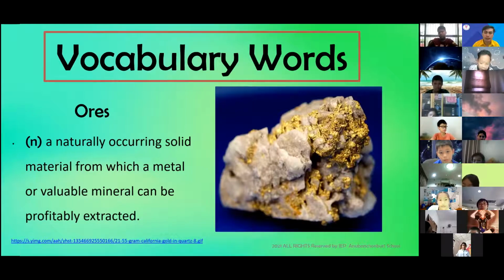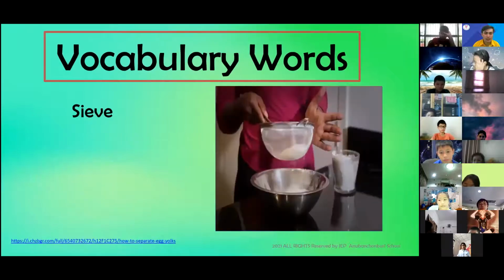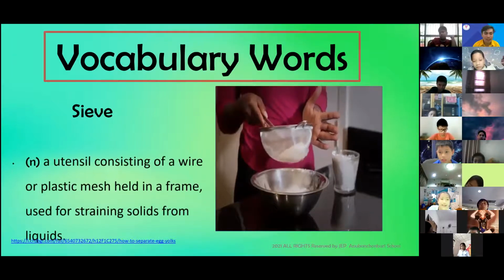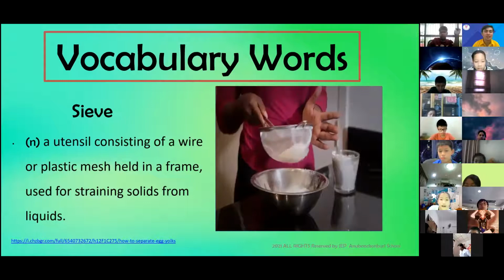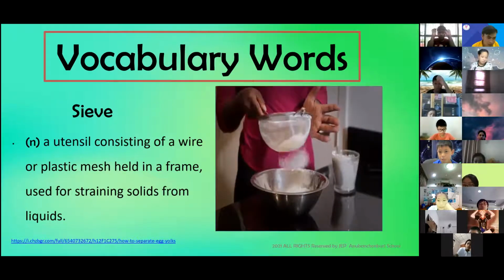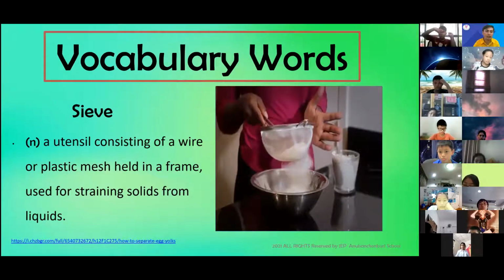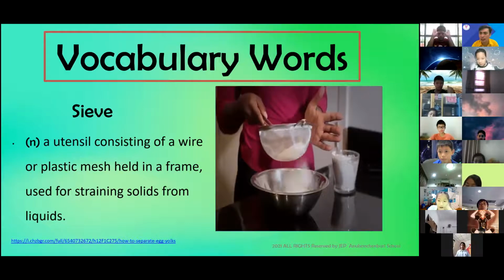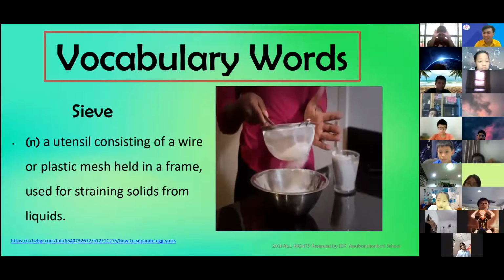Next word is a sieve. Okay, we can see this one when your mother or father is cooking. Okay, this is a kitchen utensil consisting of a wire or plastic mesh held in a frame used for straining solids from liquids. Okay, for example, Nataya will cook spaghetti. Nataya will put the spaghetti or the noodles in the boiling water, right?